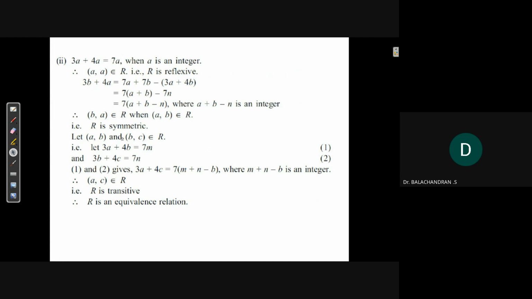So A comma B in R implies 3A plus 4B equals 7M. B comma C in R implies 3B plus 4C is equal to 7N.